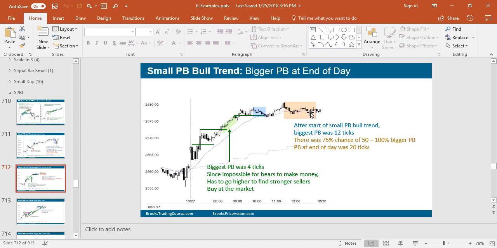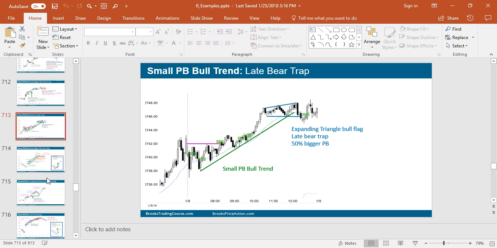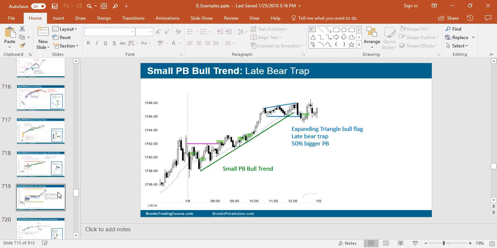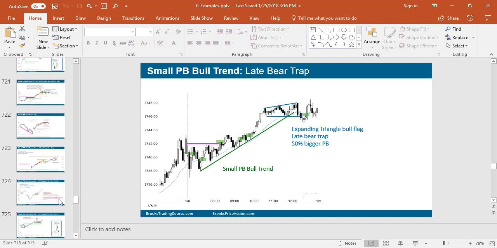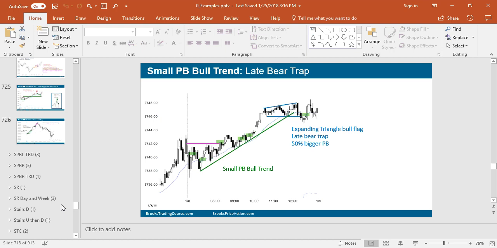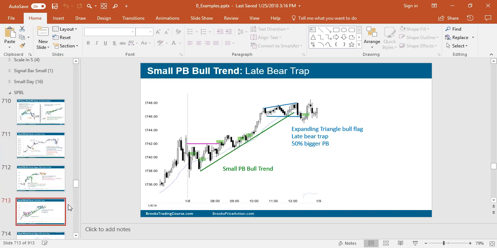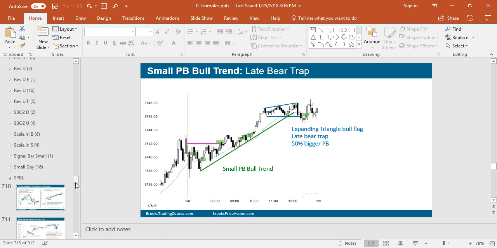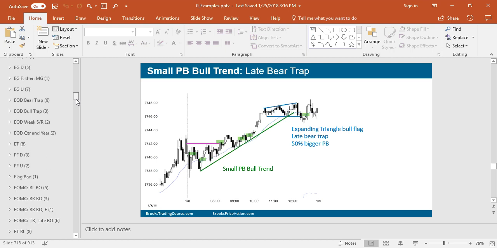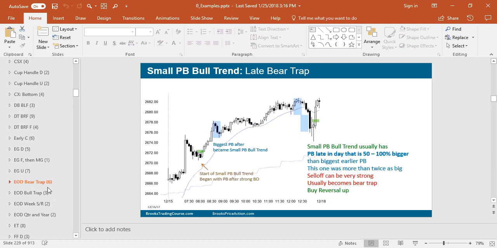This was the biggest pullback, and this pullback was about twice as big, but it did not reverse into a bear trend. I call these things end of day bear traps.